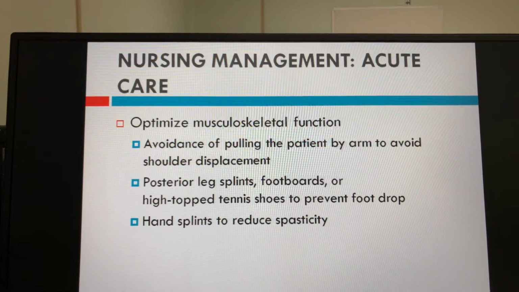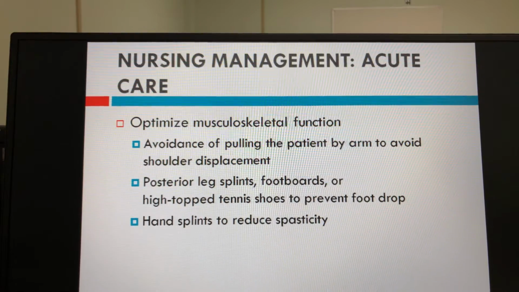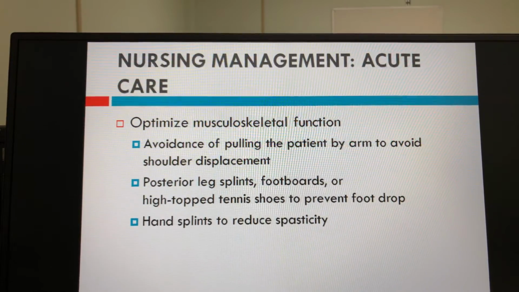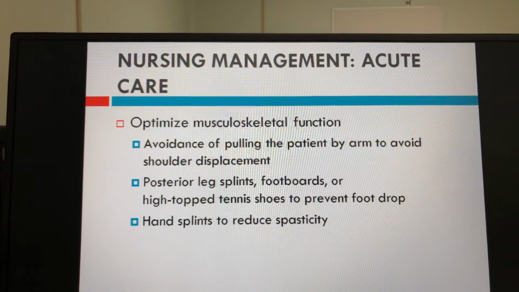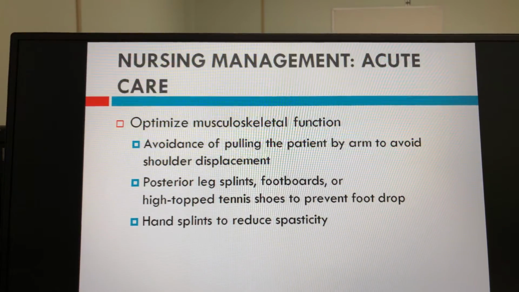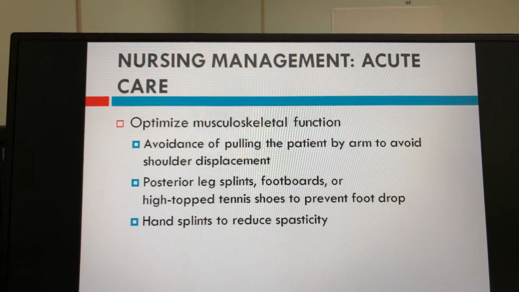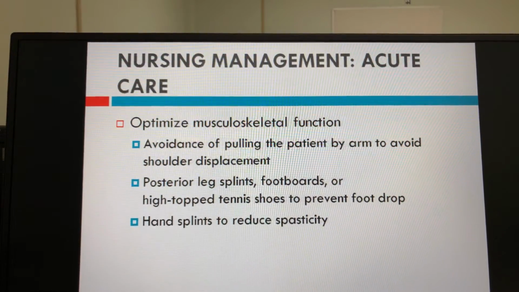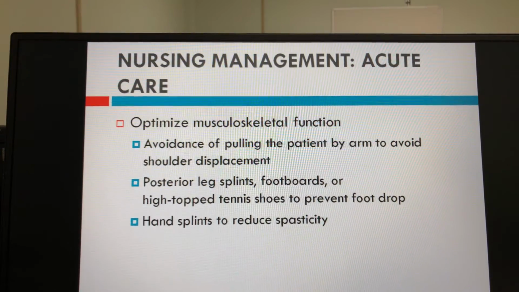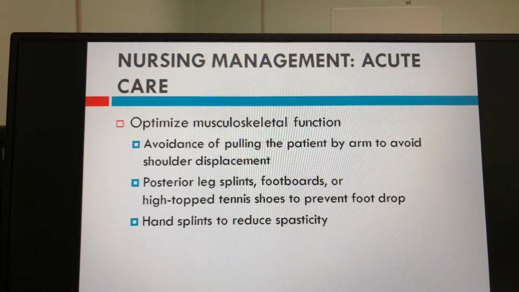So we want to use a footboard for these patients, especially the ones that have spasticity. And the use of a footboard in these particular patients has been controversial, because you don't know if that spasticity is so bad that it can actually lead to the patient hurting themselves.